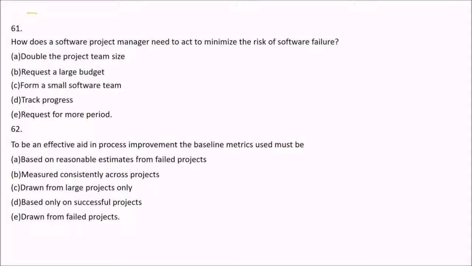61. How does a software project manager need to act to minimize the risk of software failure? So to minimize the risk of software failure, what is a software project manager supposed to do?